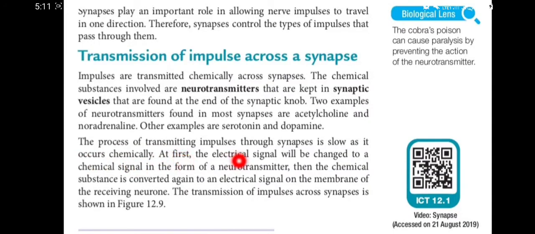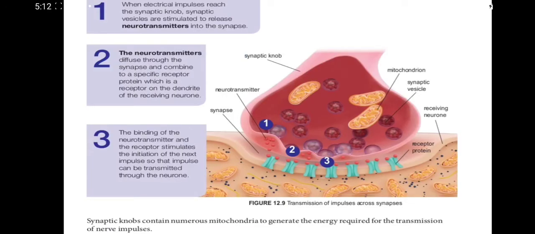Firstly, the electrical signal changes to chemical signals in the form of neurotransmitters. Then the chemical substance is converted again to an electrical signal on the membrane of the receiving neuron. So ini adalah transmission of impulses across the synapse.